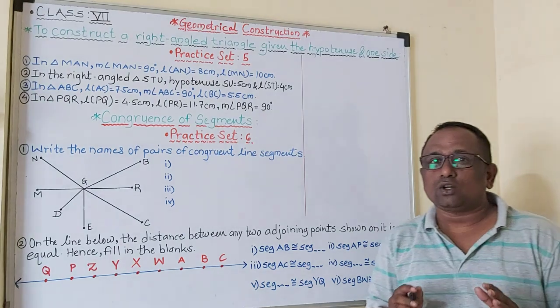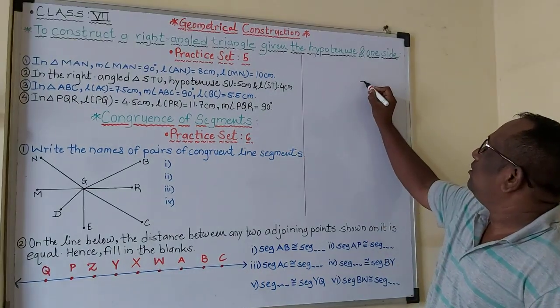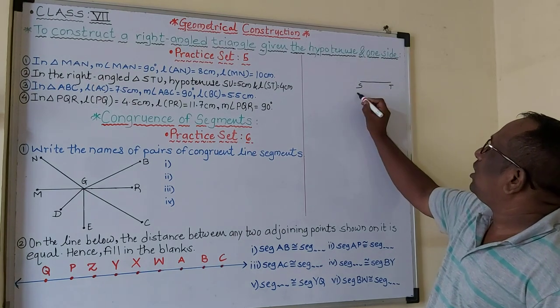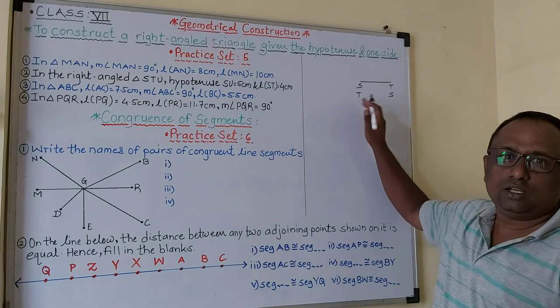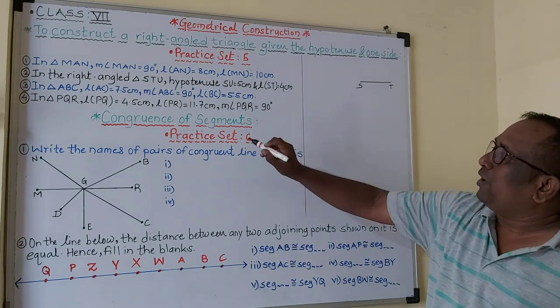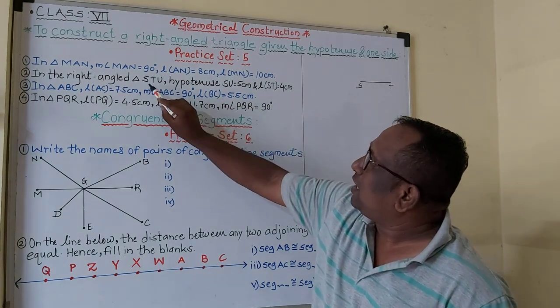So first we will draw a rough figure. I draw here ST. You can draw like TS also. Now where is the right angle indicated? STU.